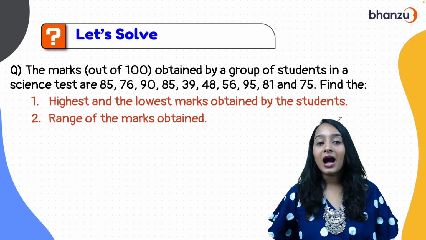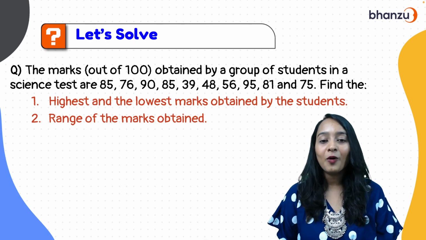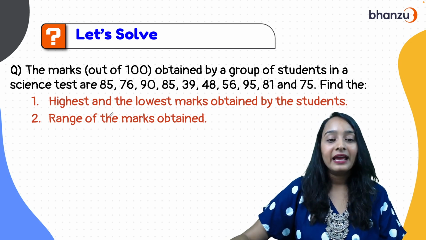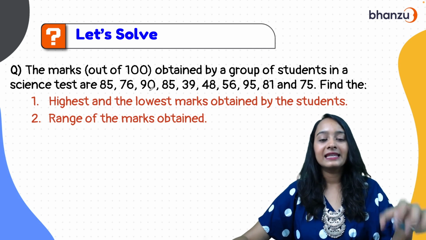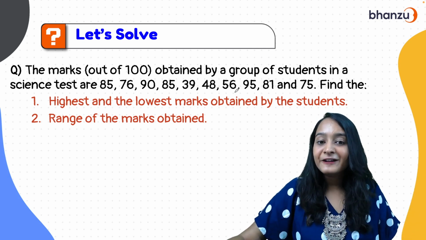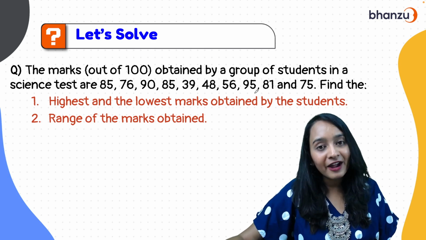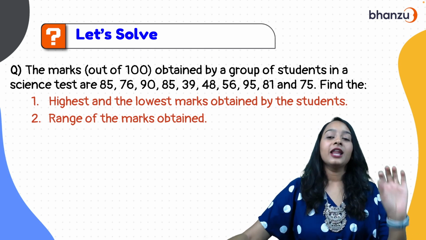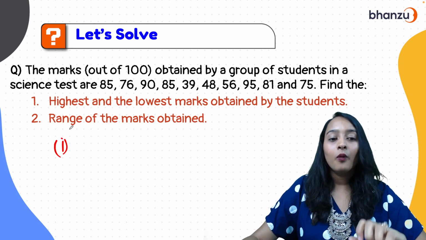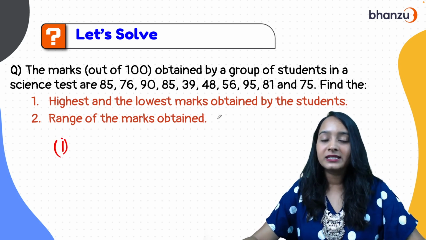Now, the marks out of 100 obtained by a group of students in a science test are 85, 76, 90, 85, 39, 48, 56, 95, 81 and 75. There are 2 things that we have to find out. Number 1, what are the highest and the lowest marks obtained?